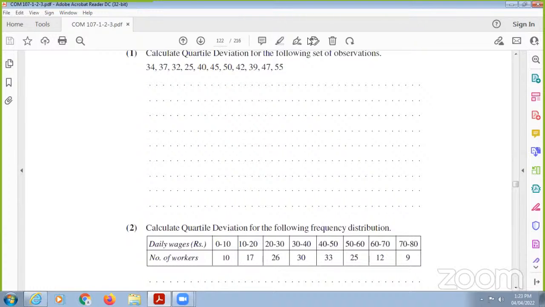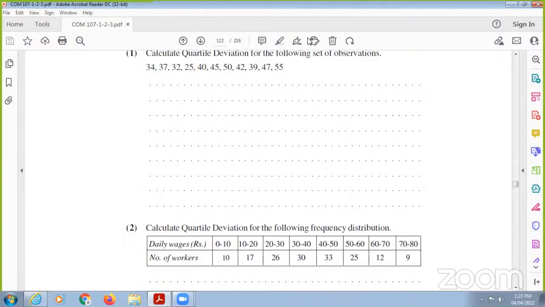Daily wages are given: 0 to 10, number of workers 10; 10 to 20, 17; 20 to 30, 26; 30 to 40, 30; 40 to 50, 33; 50 to 60, 25; 60 to 70, 12; and 70 to 80, 9. So these are the daily wages and their numbers of workers. The answer is given at the end of this unit also.